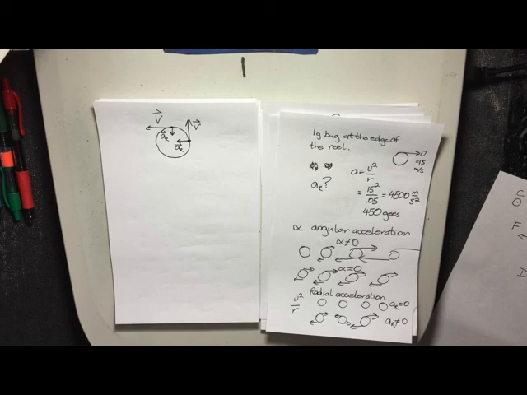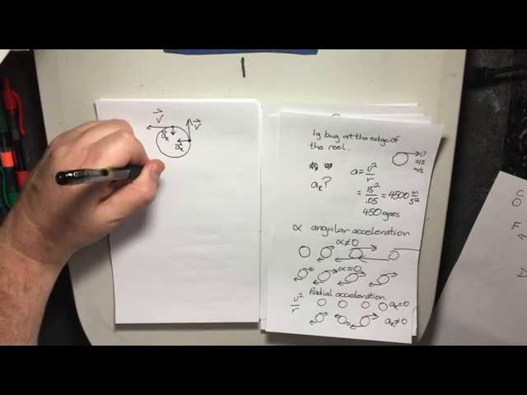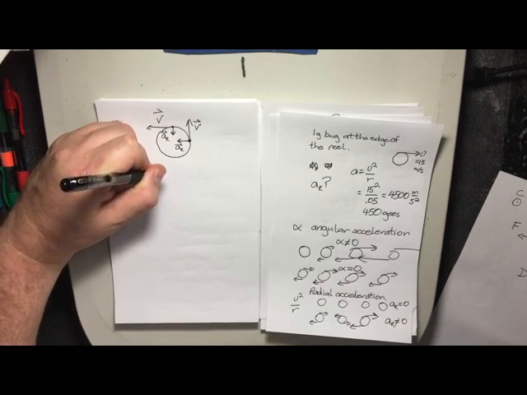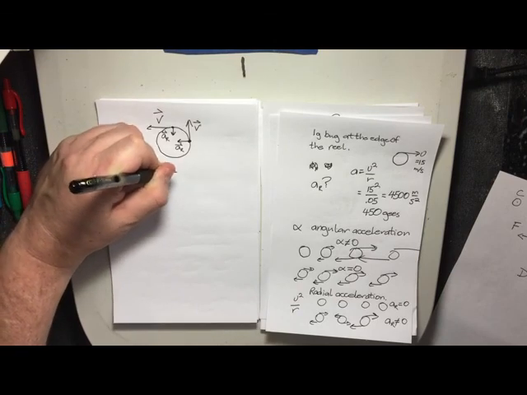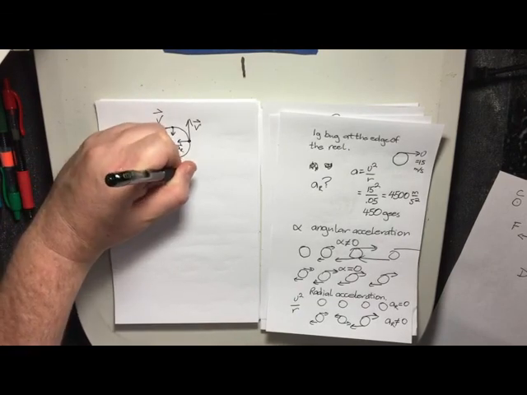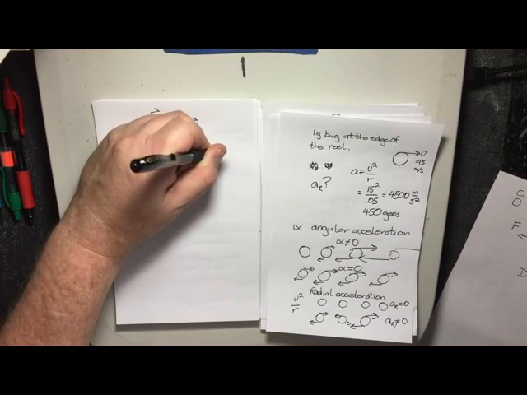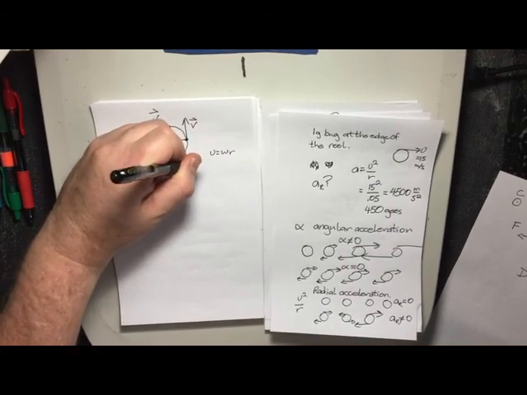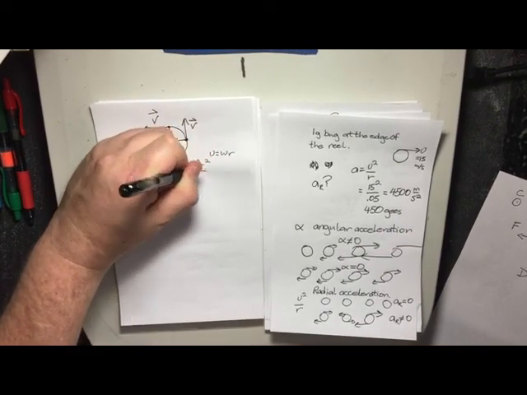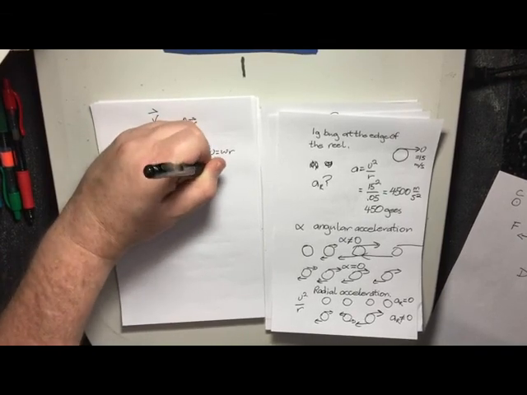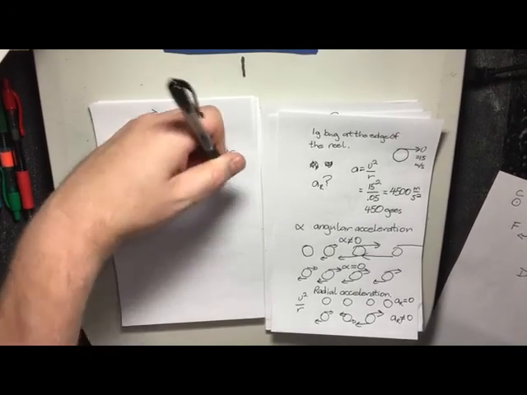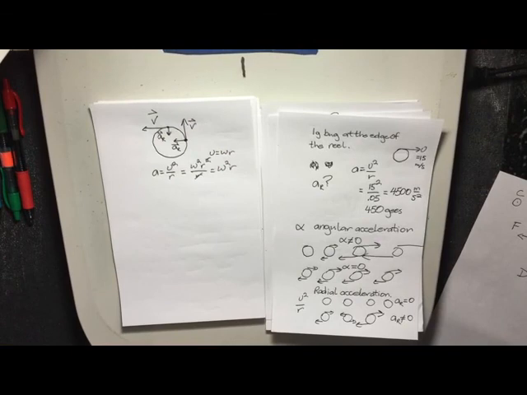You can kind of associate it with the fact that A is v squared over r and v is omega r. And so you can kind of get close, but they're really different parts of the same wheel essentially. Yes.